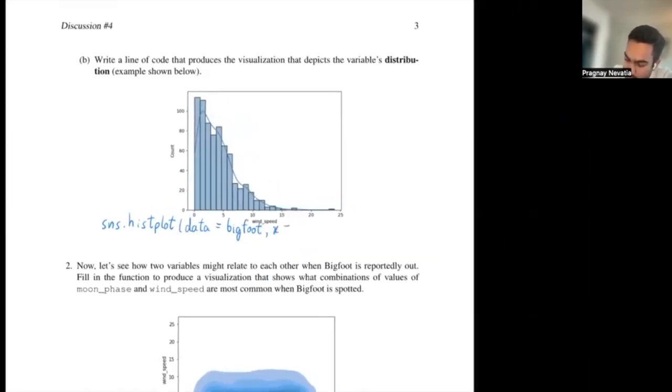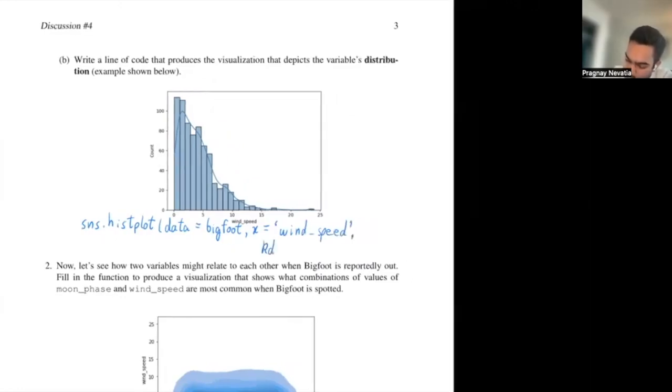X, so our variable will be wind speed. And here KDE will be true. Remember, by default, it is false. So this code should give you the plot that is above.